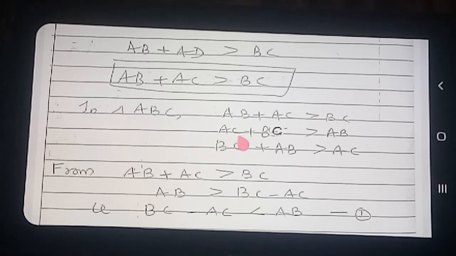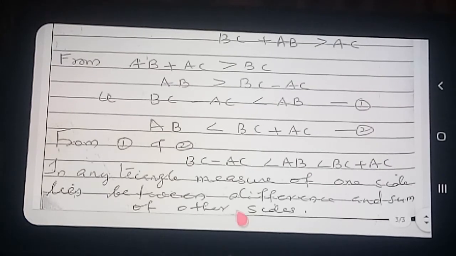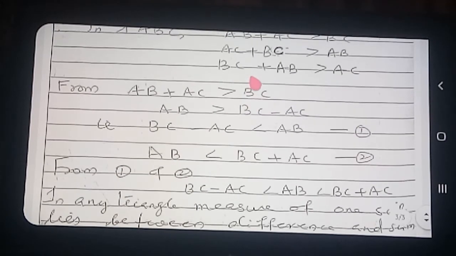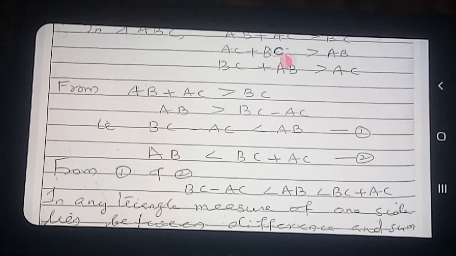From here, AC plus BC is greater than AB, no? Reverse it, what do you get?